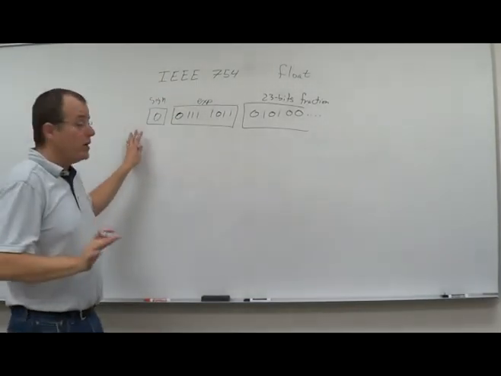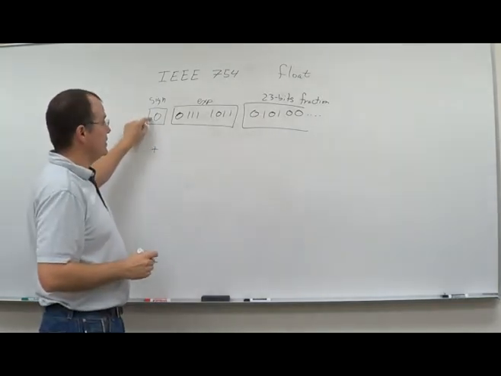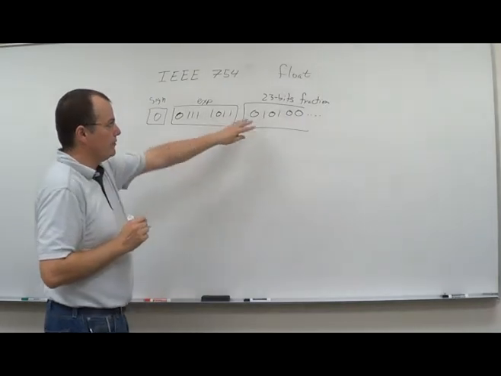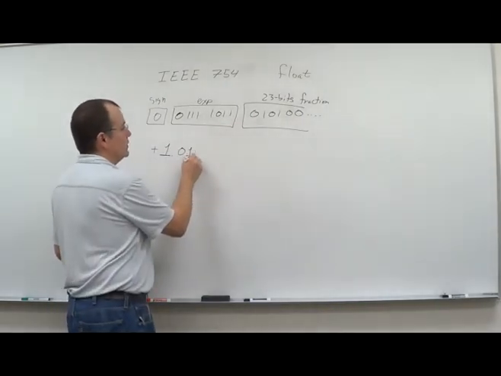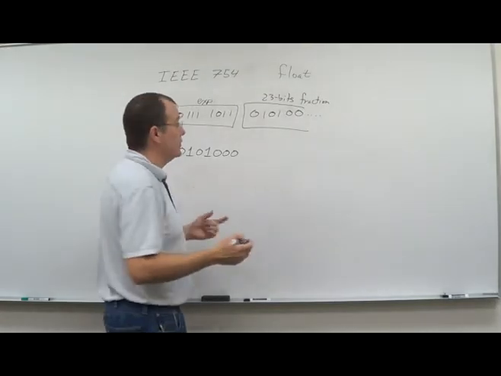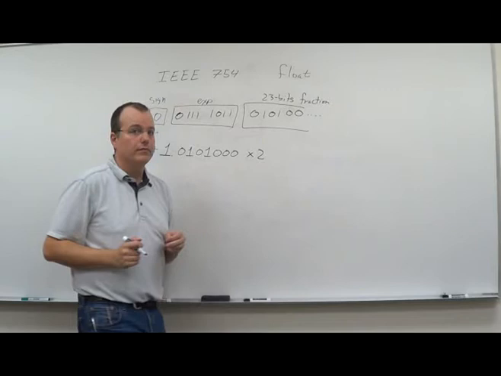We know right away that this is going to be a positive number because our sign bit is 0. It's going to be 1 point the fraction, 0, 1, 0, 1, 0, 0, 0, however far we'd like to go, times 2 to some exponent.